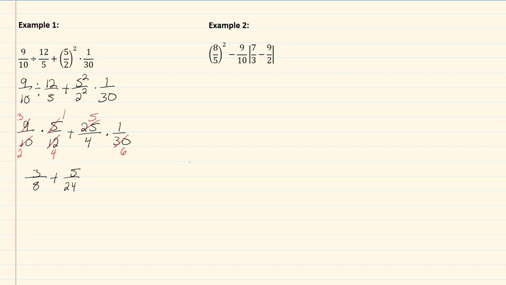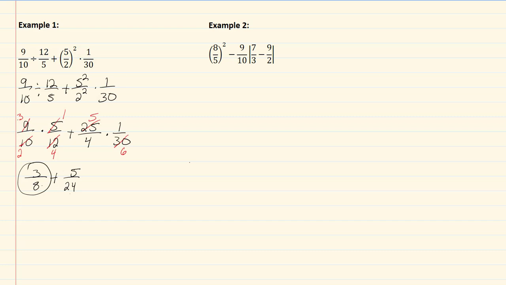So now it's an addition problem. The one thing to keep in mind when we are adding with fractions is that we have to get a common denominator. In this case, it's fairly straightforward because 24 is a multiple of 8. So I only need to rewrite my 3/8.